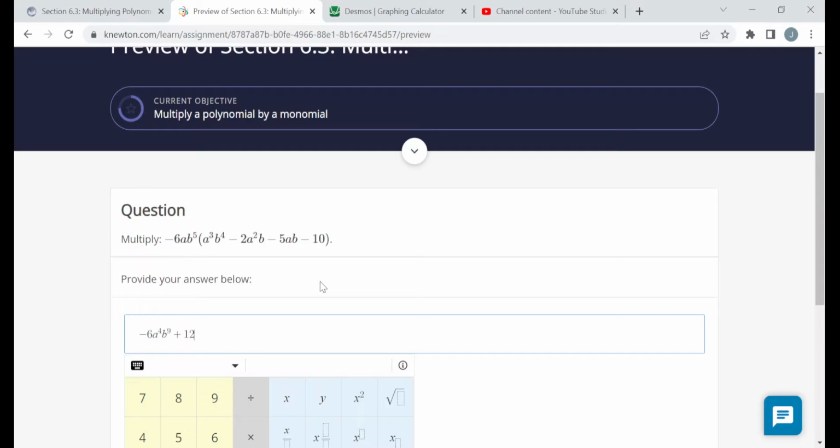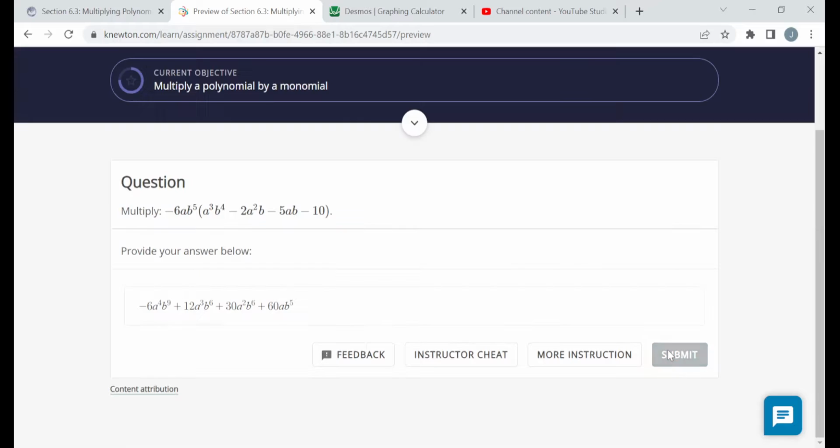Then plus 12a to the 3rd, b to the 6th, and then the next term, positive 30a squared b to the 6th, and then finally plus 60, negative 6 times negative 10 there, plus 60ab to the 5th. And that should be good.